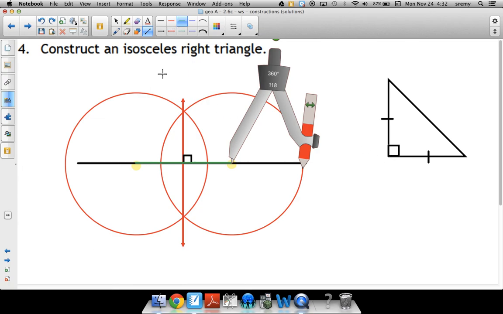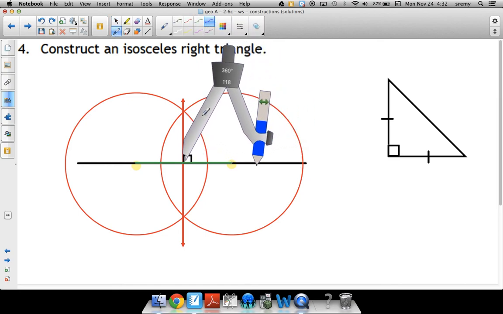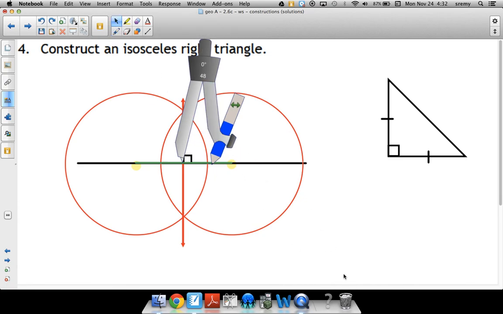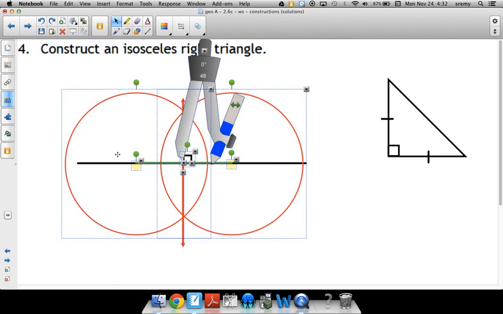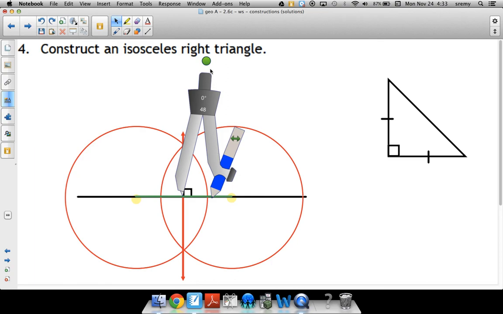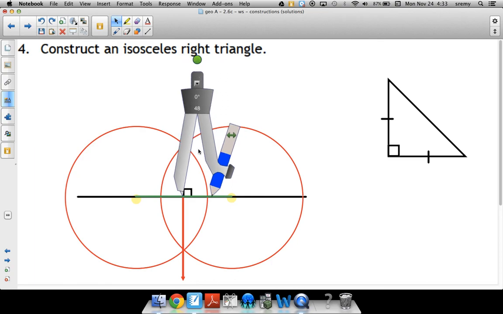So let's say, let's use blue here. So let's say that I want my isosceles to be that big. I want one of the legs to be that big. It doesn't matter what size they are. Just move this all down. So let's say that big.